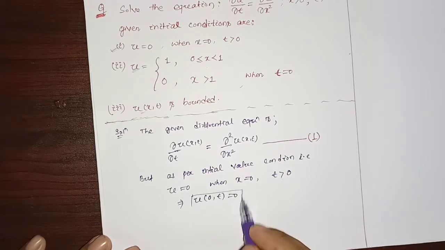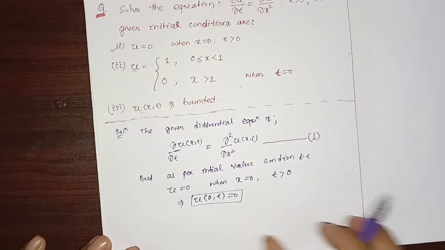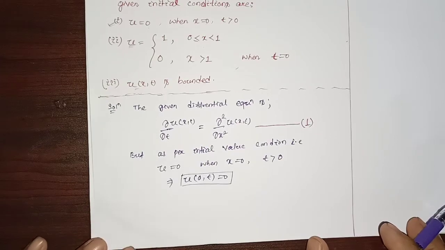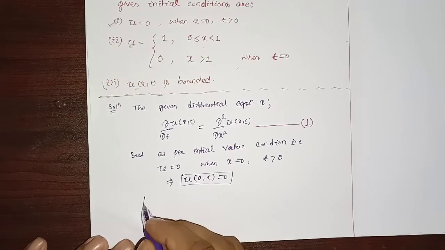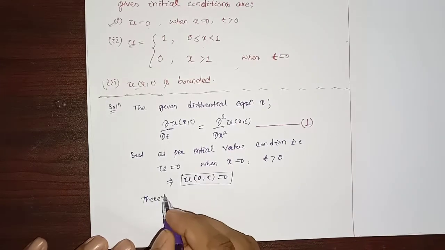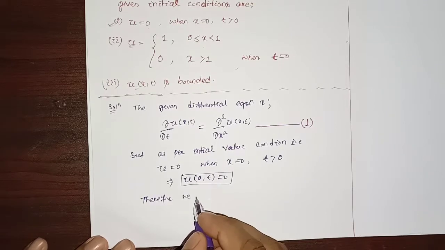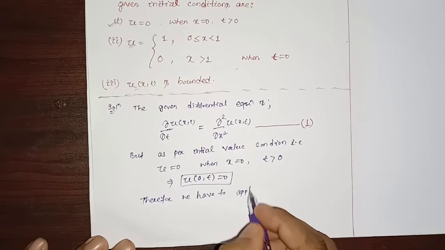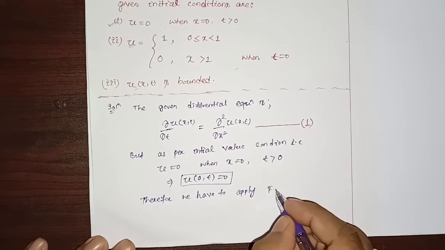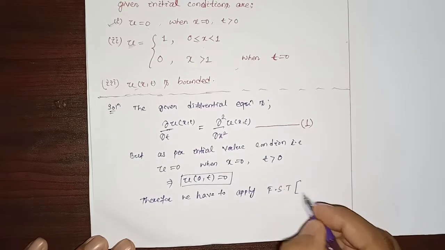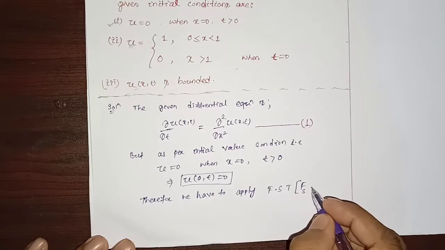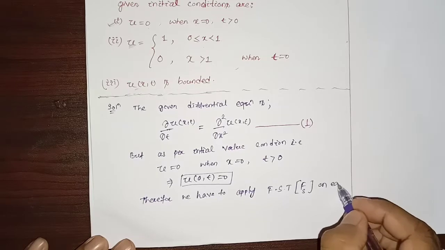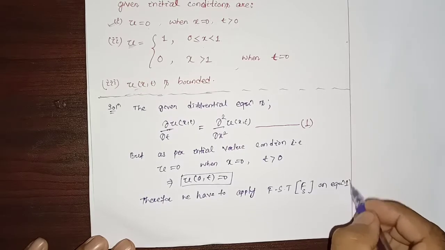Here u(0,t) equal to 0 is given, which means we have to apply Fourier sine transform on equation number 1. Therefore we have to apply Fourier sine transform. In short we can write: Fourier sine transform on equation number 1, right?